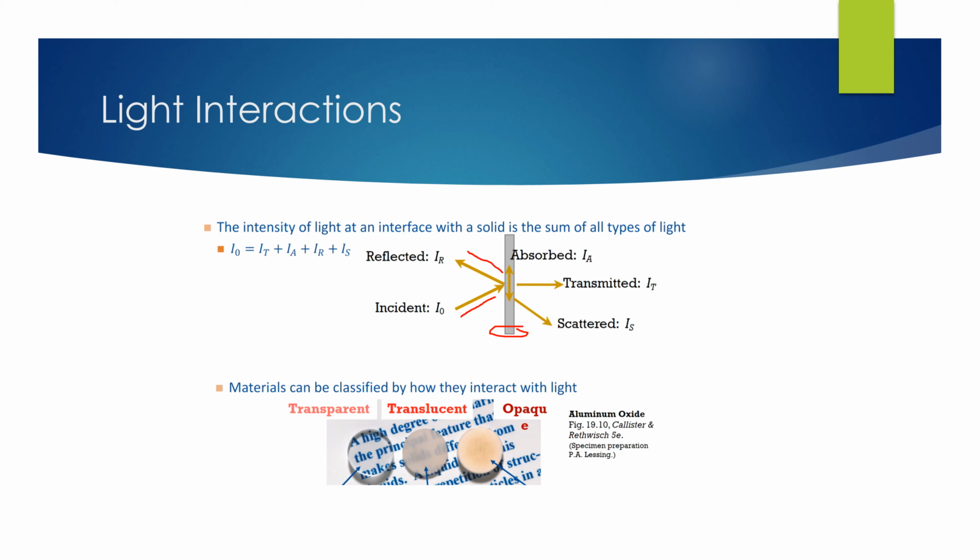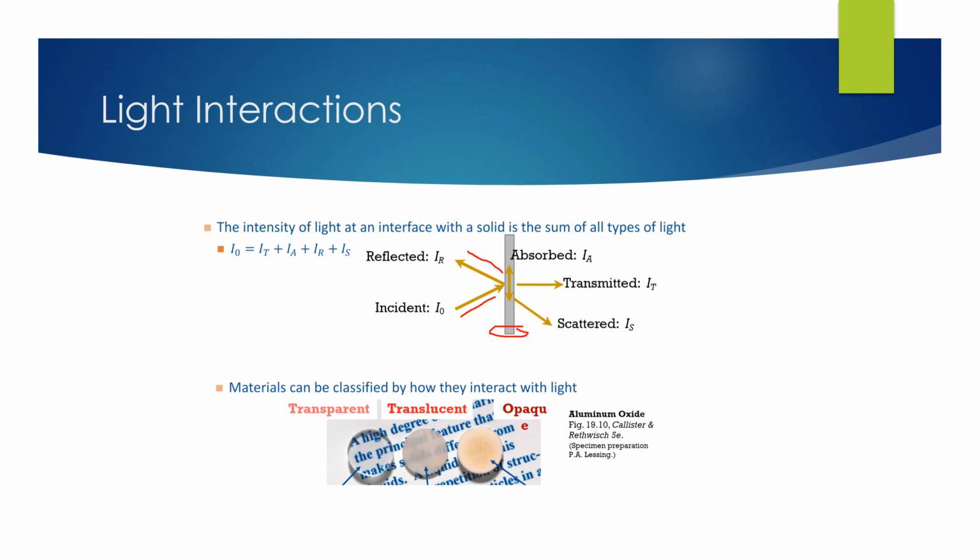Then we have scattered light. Scattered light is similar to transmitted light, in that the light rays, the electromagnetic spectrum waves, make it through the material, but instead of traveling straight through, they are scattered based on the properties of the material. Say if we had a material with a very high index of refraction, the rays would scatter, and the scattered rays can even yield a rainbow like we saw on the previous slide.